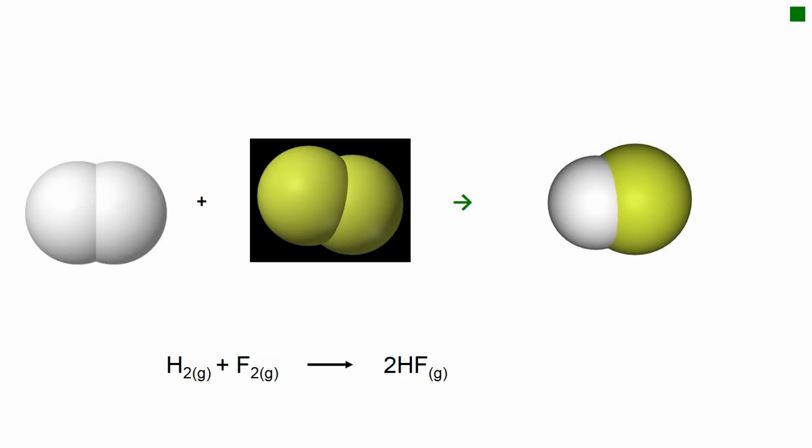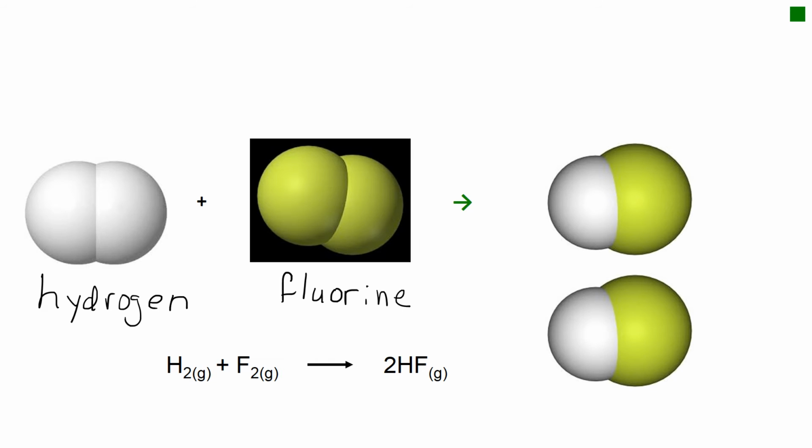Here's another picture of H2 plus F2. Again, just to remind you, H2 is hydrogen. Remember those diatomics. F2 is fluorine. And 2HF, let's see, where's the other one? There it is. There's the other guy.